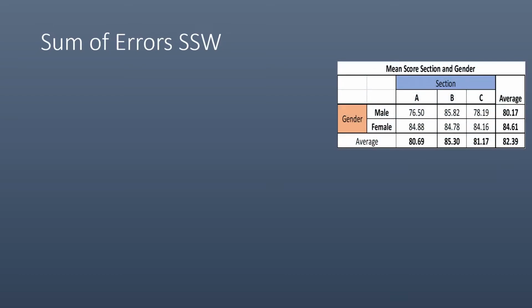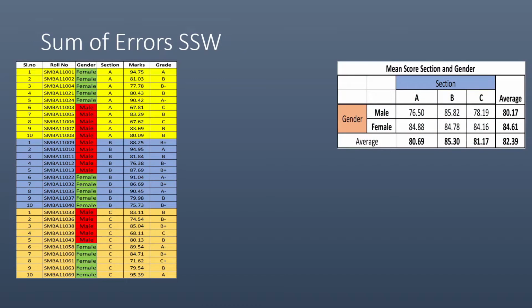So for within, it's a very simple calculation. You can see that here each group in section A, that is female and male, is the observations you need to take, and then their respective means. For example, 94.75 is the observation in section A, and it is falling in the category of female.